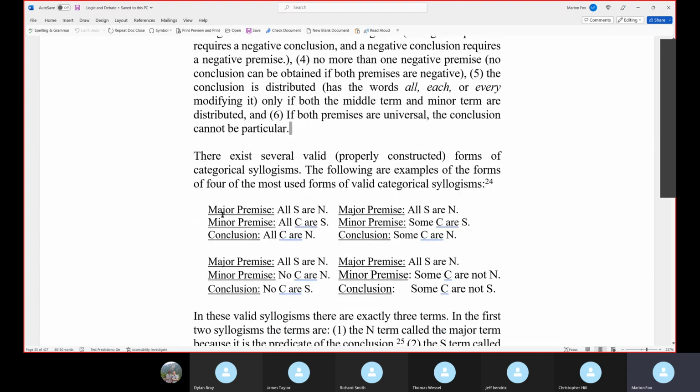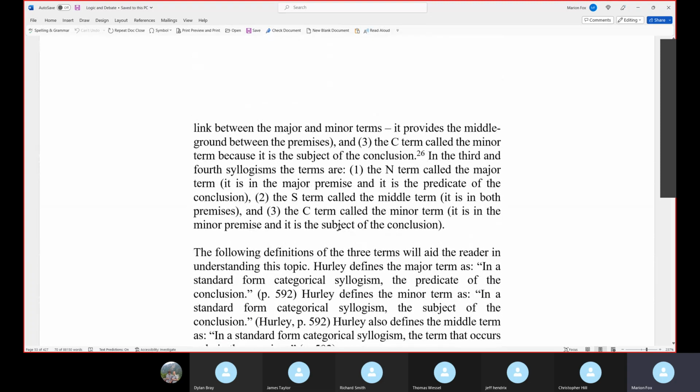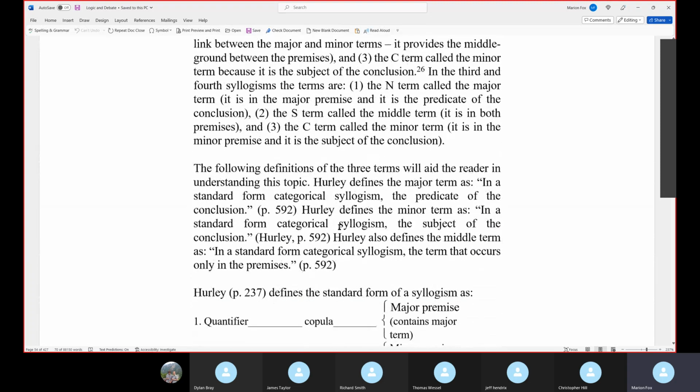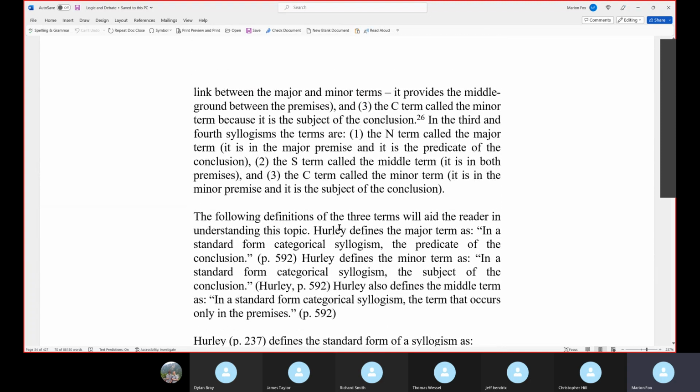Of course, we're going to look at 4 basic forms, and these are not the only valid forms for categorical syllogism. There are 256 different forms they can take, and a large portion of them are not valid. They won't prove their case. Right. Now, as we go through, we have rules for construction of a syllogism.